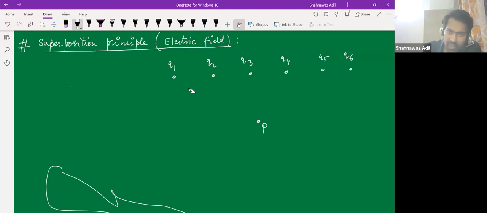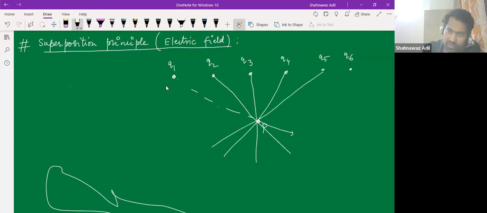Due to this positive one, there would be an electric field in this direction, and so on for each charge, at distances R1, R2, R3, R4, R5, R6.